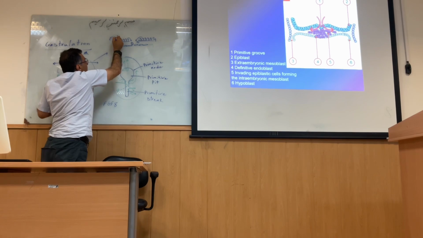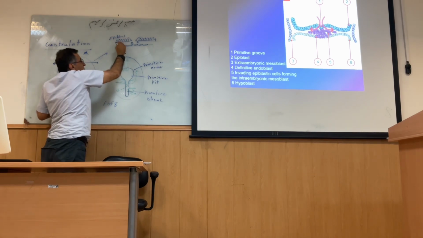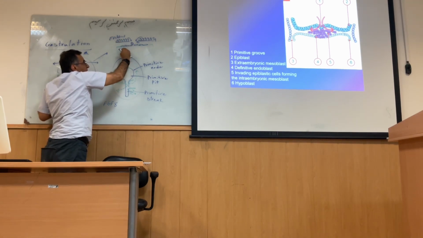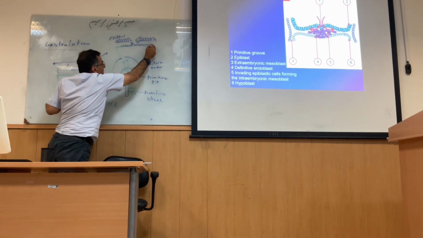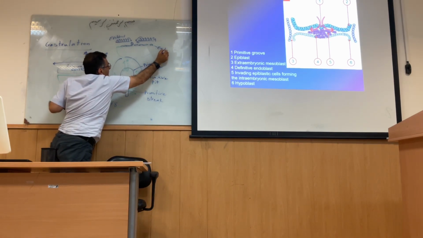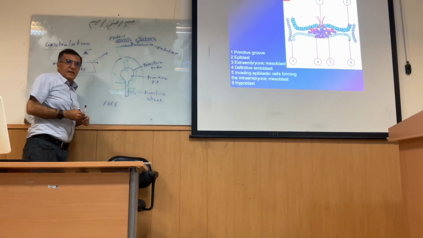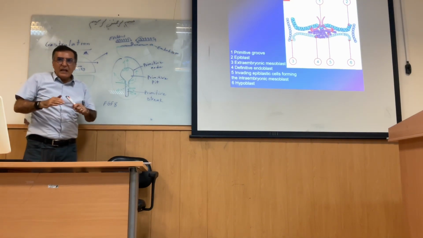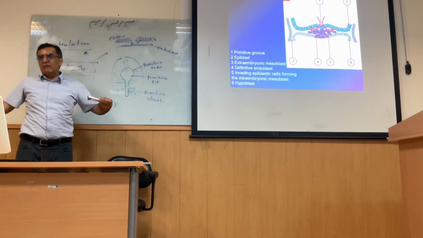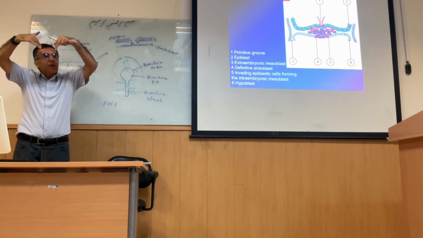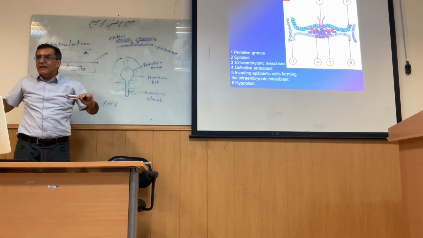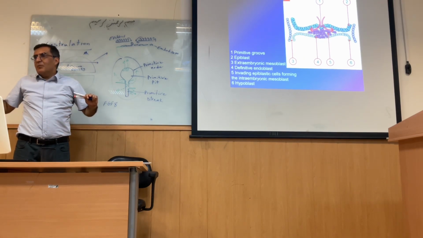This is the epiblast. And when it settles here, the new layer here, its name is endoderm. The hypoblast is degenerated. New cells coming from the epiblast settle in the hypoblast layer.